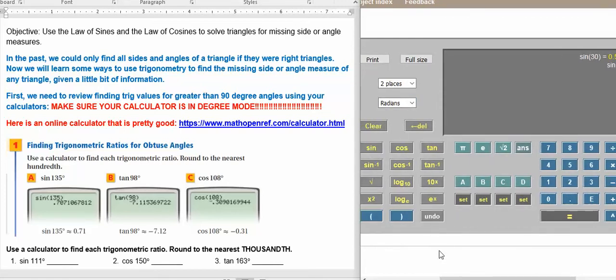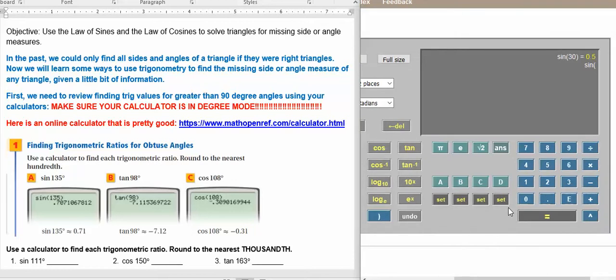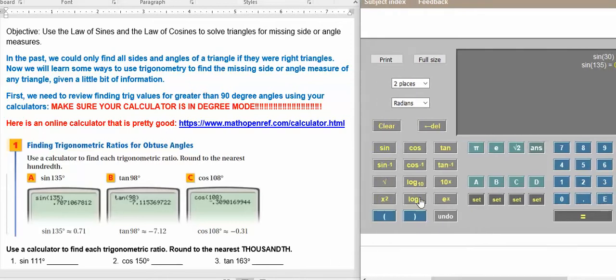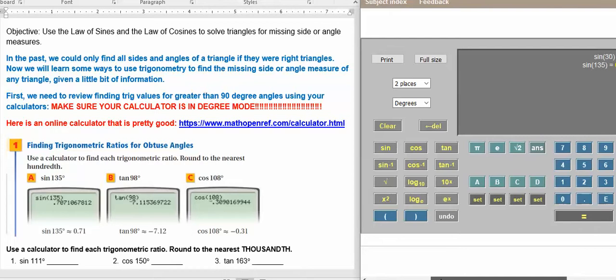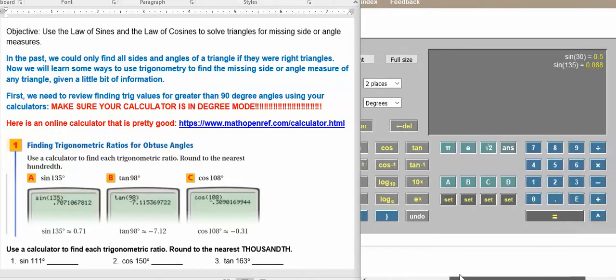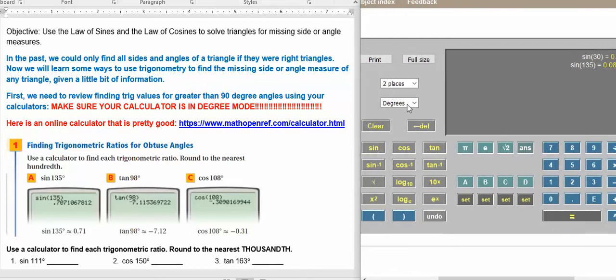So I would go sine of 135 and hit equals, and I got 0.088. That does not match what they got in this example. If it doesn't match, then you have to check and change this. There's a video in your folder on how to change a TI-84 or TI-85, whatever you have, into degree mode. It's not as easy as just clicking a button like it is on this one.